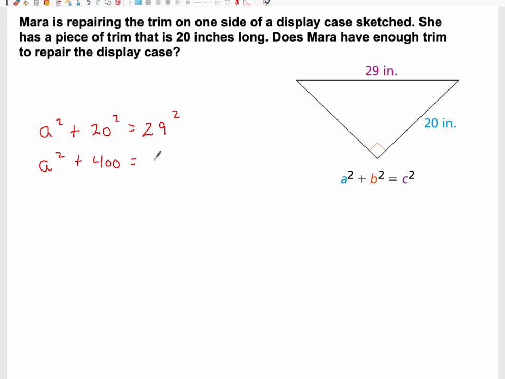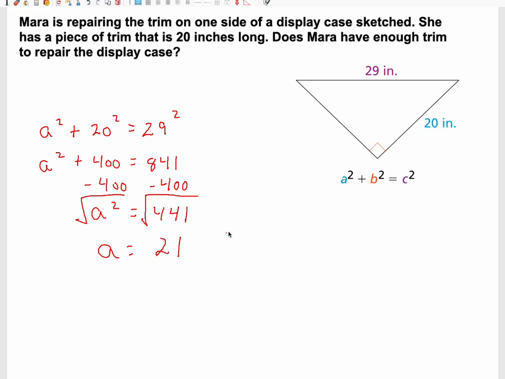And 29 squared is 841. Subtract 400. So a squared equals 441. Take the square root. The square root of 441, so a is 21.